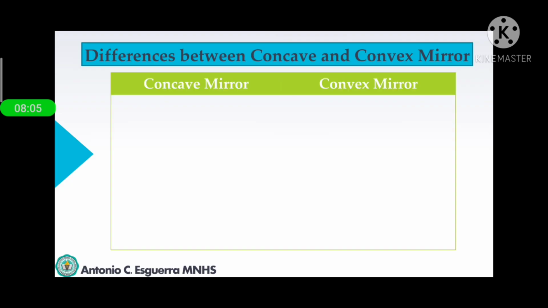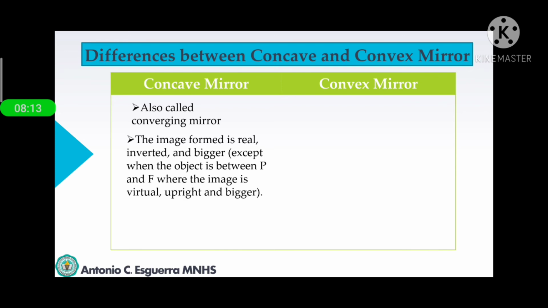Let's look at the differences between concave and convex mirrors. A concave mirror is also called a converging mirror. The image is real, inverted, and bigger, except when the object is between P and F, where the image is virtual, upright, and bigger.